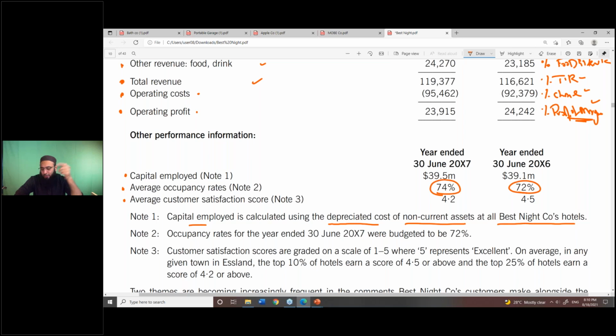You are given operating profit and capital employed. So one ratio is very much on the cards. Can you tell me the name of that ratio? Let me quickly see how many people can give me a quick answer here. Yeah, ROCE is very much on the cards. Even asset turnover is very much on the cards. But ROCE, definitely ROCE is very much on the cards. So return on capital employed is what you can work out.